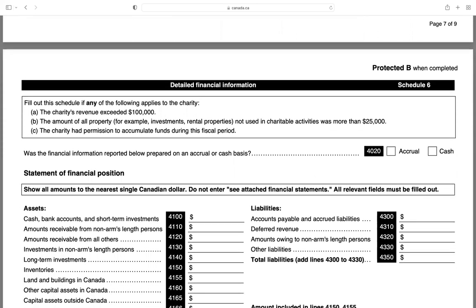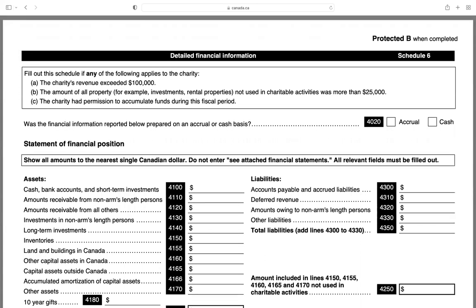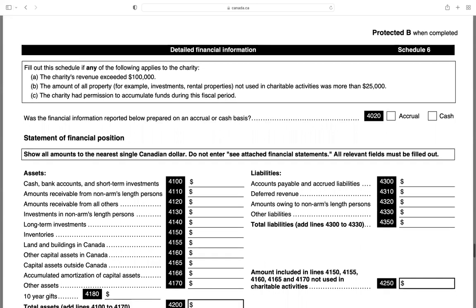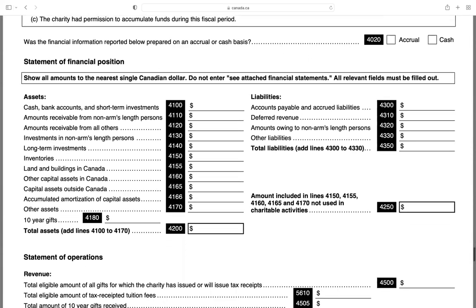Now the details of the financial information. So this is the detail, with the assets on the left side and the liabilities on the right side.